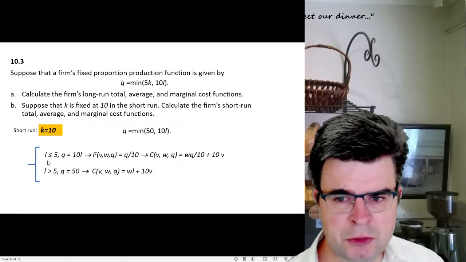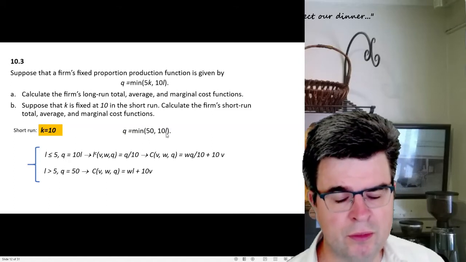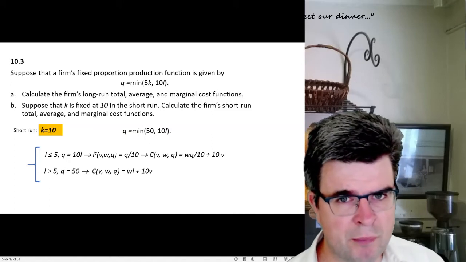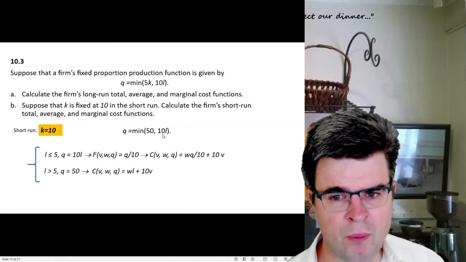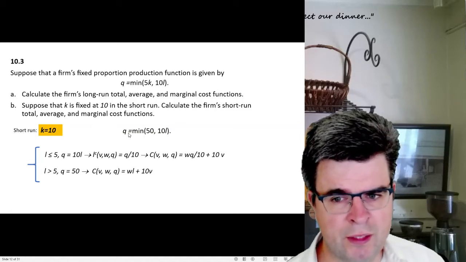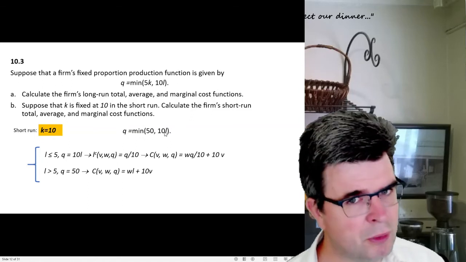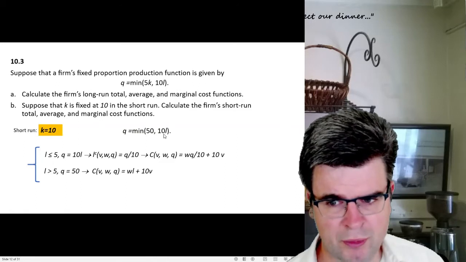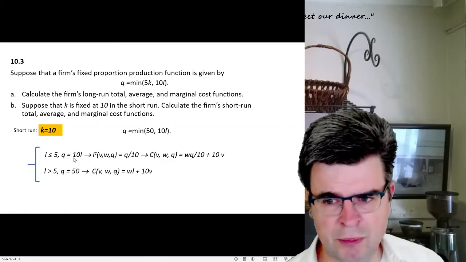If L is smaller than 5, then the number of units of labor will determine the total output, because for L smaller than 5, the output is determined by 10 times L, which will always be smaller than 50. So in that case, Q is equal to 10L.